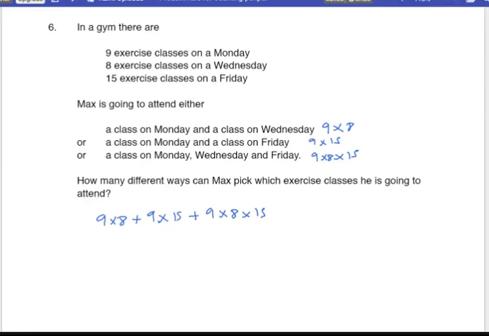And what answer did you get for that, sorry? 1,247. Yeah, I've got a different answer in my calculator.